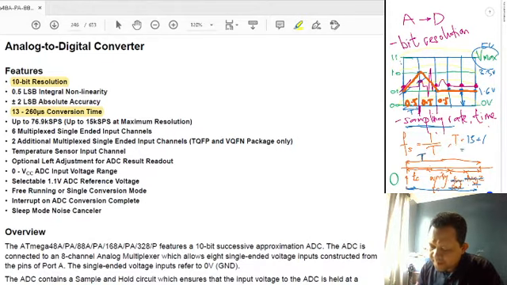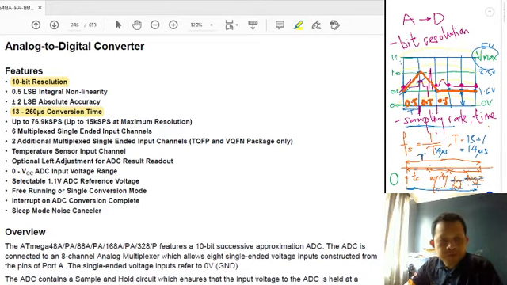So that would be 14 microseconds. So what you want to take here now is 1 over T, which is 1 over 14 microseconds. So you can say that is your maximum sampling rate.